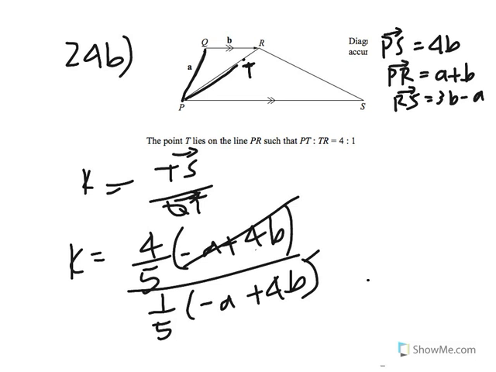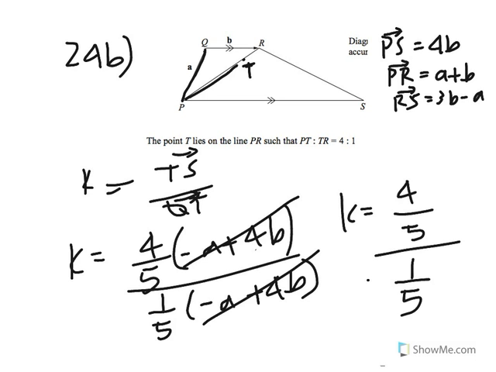Now notice these two will cancel each other out, and you're going to get K is equal to 4 over 5 over 1 over 5. And that means K is simply just 4. Because 4 over 5 divided by 1 over 5 is 4.